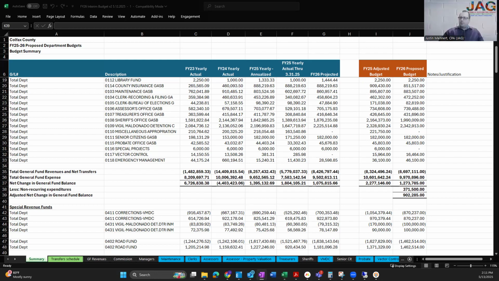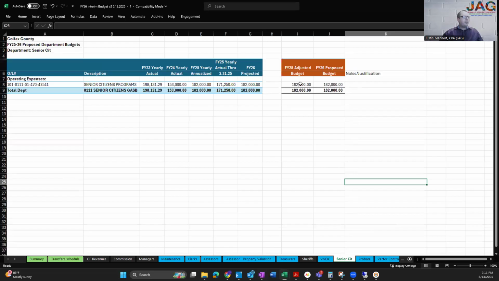And I know, talking about special revenues, the one you provided me for a senior center, I had a question for you on that one. You sent me a funding request and it was for $40,000. Looking at the senior citizen tab here, there was a contract in FY25 for 182,000. I don't have the 26 contract on that. And I don't know if the 40,000 you sent me is in addition to this or in replacement of this amount.